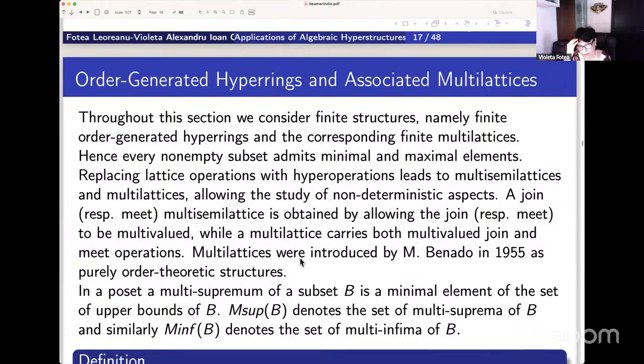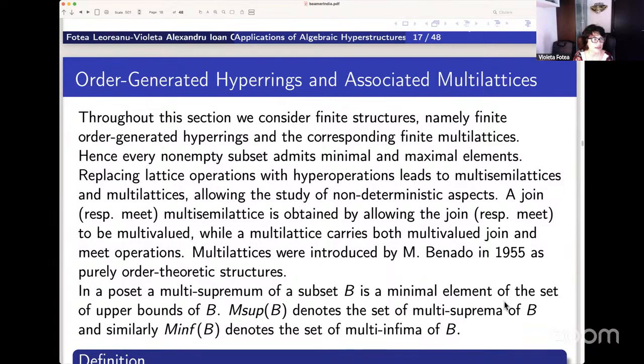Multilattices are very old. They were introduced by Benado, a Romanian mathematician, in 1955, but only as a purely order-theoretic structure, and he studied these structures. In a multilattice, we have a set of minimal elements.